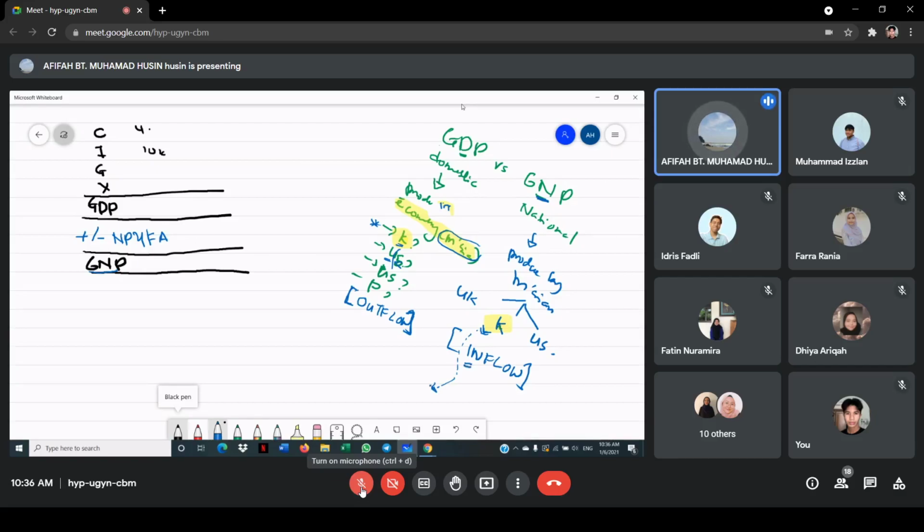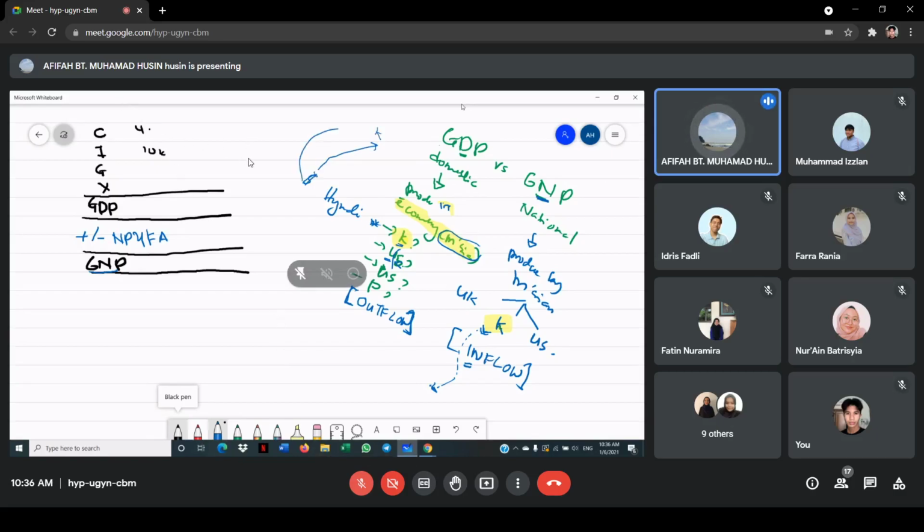Take the Korean company Hyundai, let's say. It has a car factory here. When Hyundai gets the profit, the money will go back to Korea. We will not get the money.